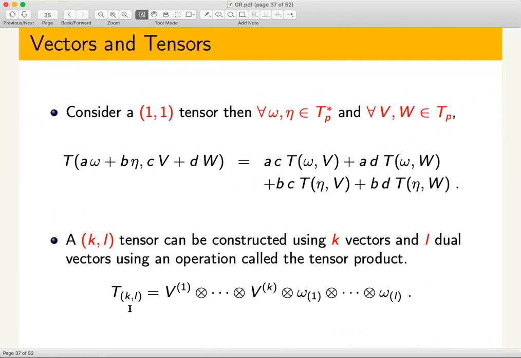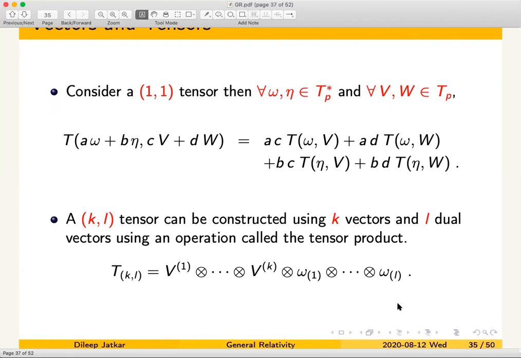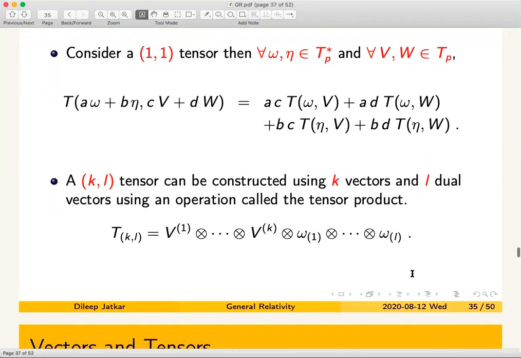Therefore T^k_l could be defined as k copies of the vector space, which we denote by V1, V2, V3, ..., Vk, tensored with l copies of the dual vector space, which are defined as ω1, ω2, ..., ωl. So if you find looking at tensors difficult, you can think of tensors as just products of an appropriate number of vectors and dual vectors.